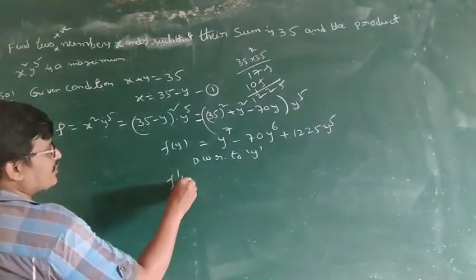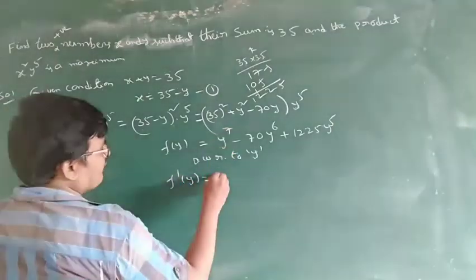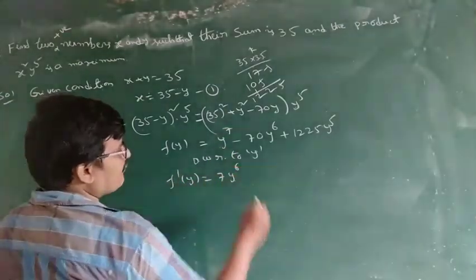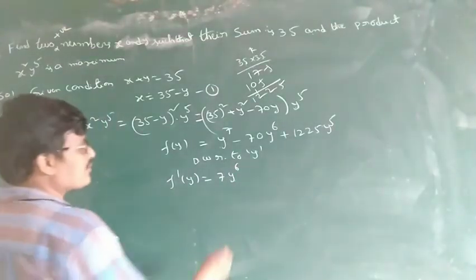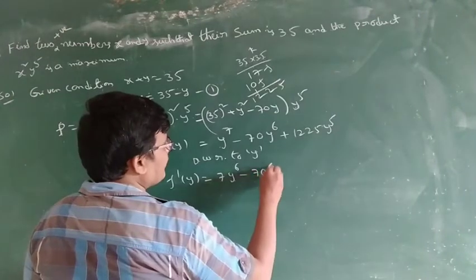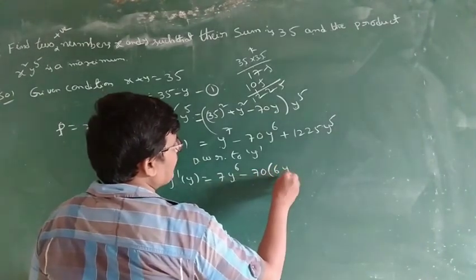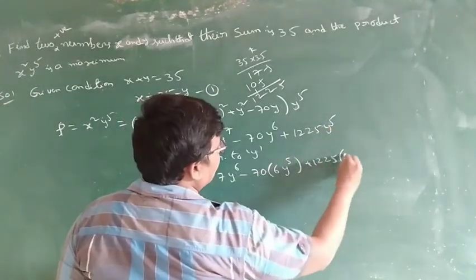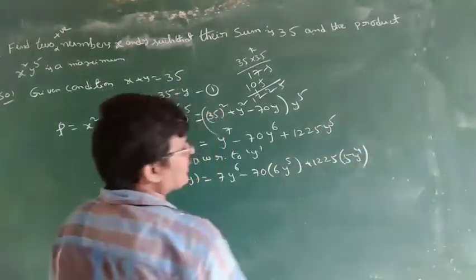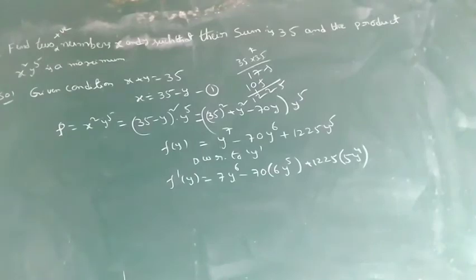So f dash of y is equal to, using the formula n into x power n minus 1, 7 y power 6 minus 70 into 6 y power 5 plus 1225 into 5 y power 4.